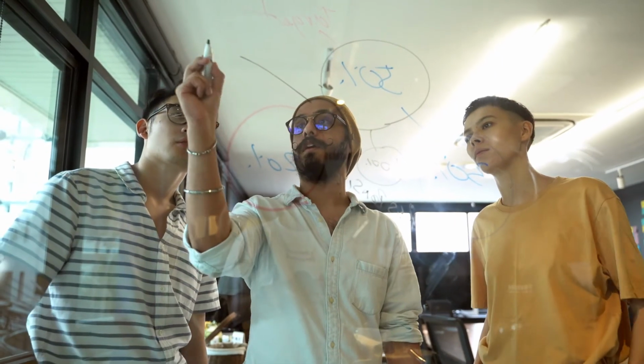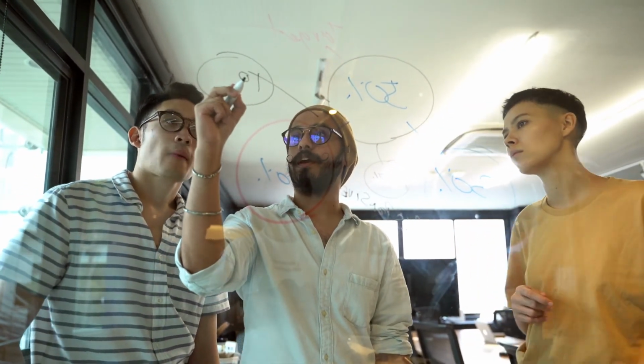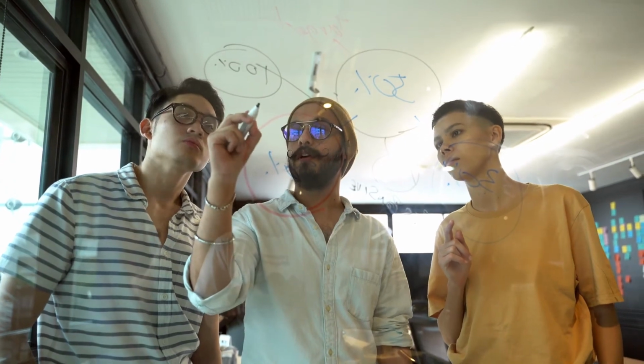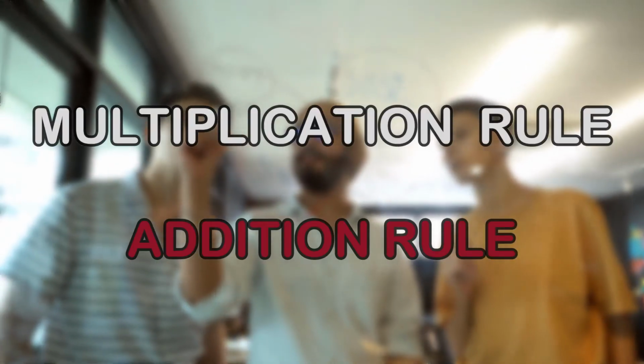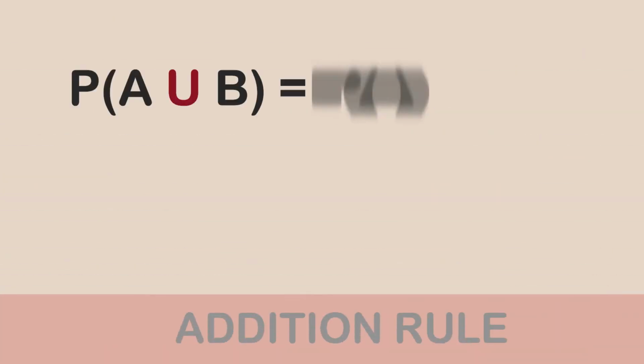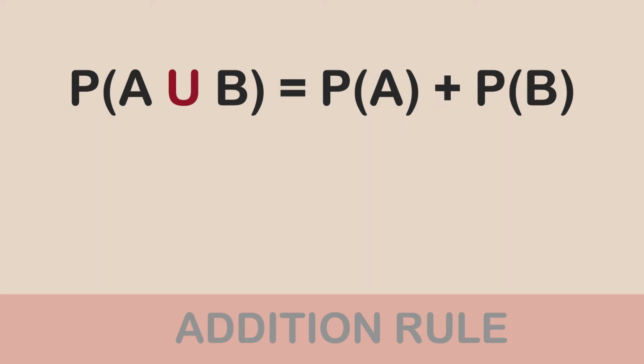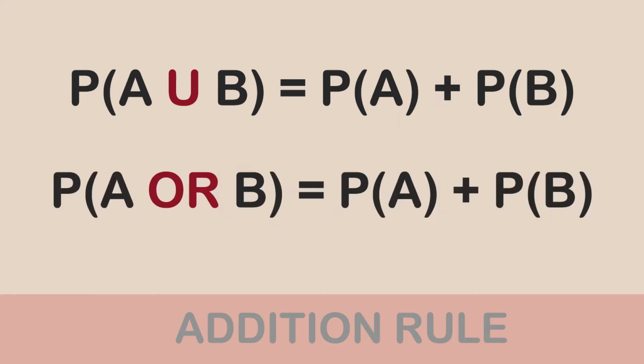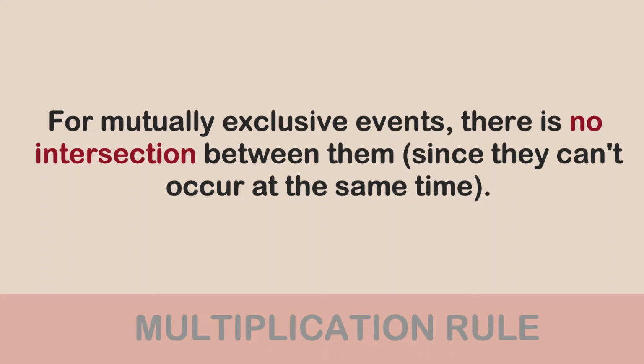So the mathematics that defines mutually exclusive events, or any event in the world of probability, can either be the multiplication rule or the addition rule. And the addition rule for a mutually exclusive event is that probability of A union B is equal to probability of A plus probability of B. We can also rewrite this as probability of A or B, which is also equal to probability of A plus probability of B. And since mutually exclusive events cannot occur simultaneously, it simply implies that there is no intersection between the events.